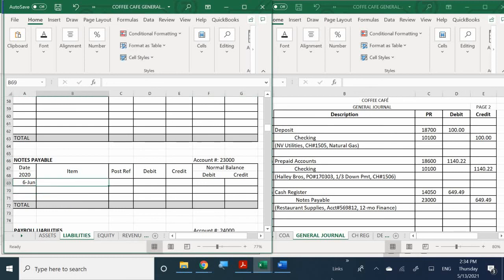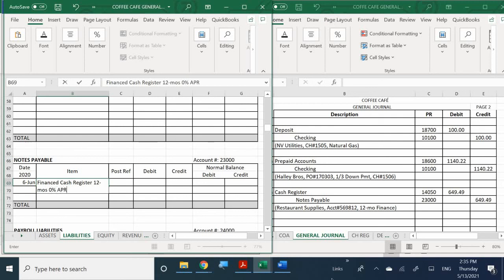You could say financed cash register, 12 months, 0 APR, right?